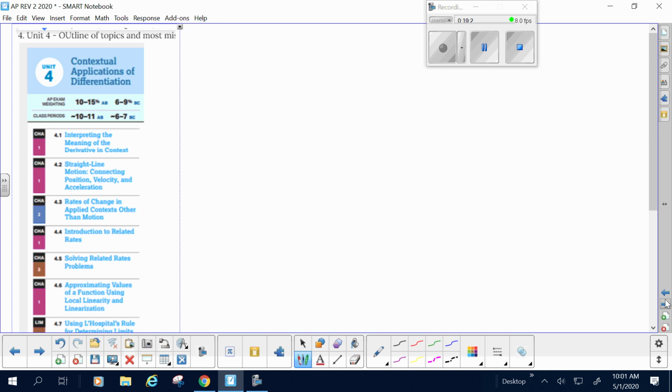Let's go to Unit 4. Unit 4 is applying the derivative. Now, remember, the derivative is a rate of change at an instant.